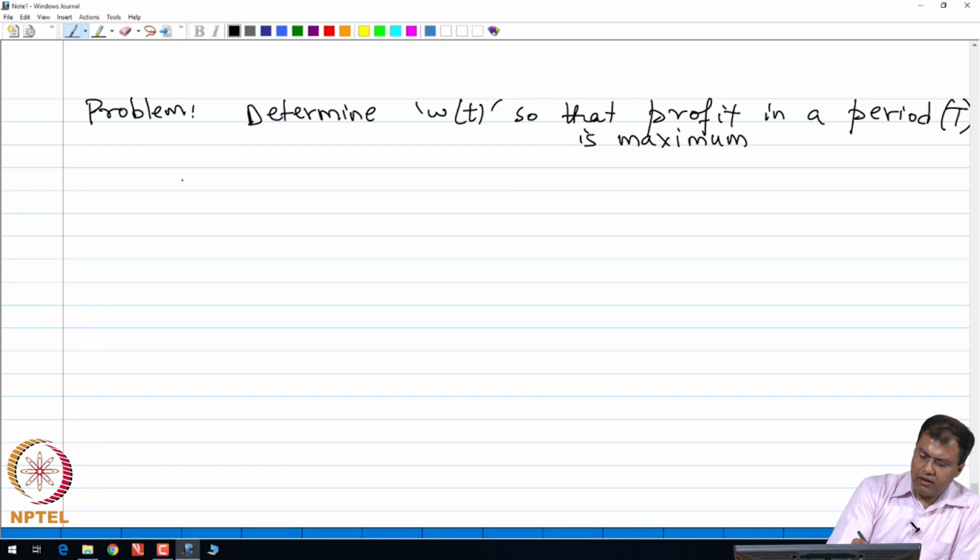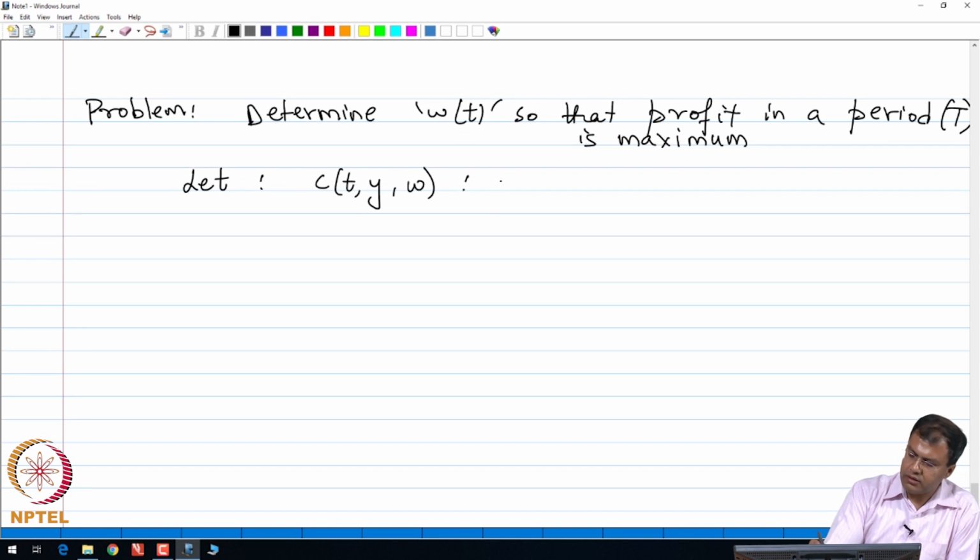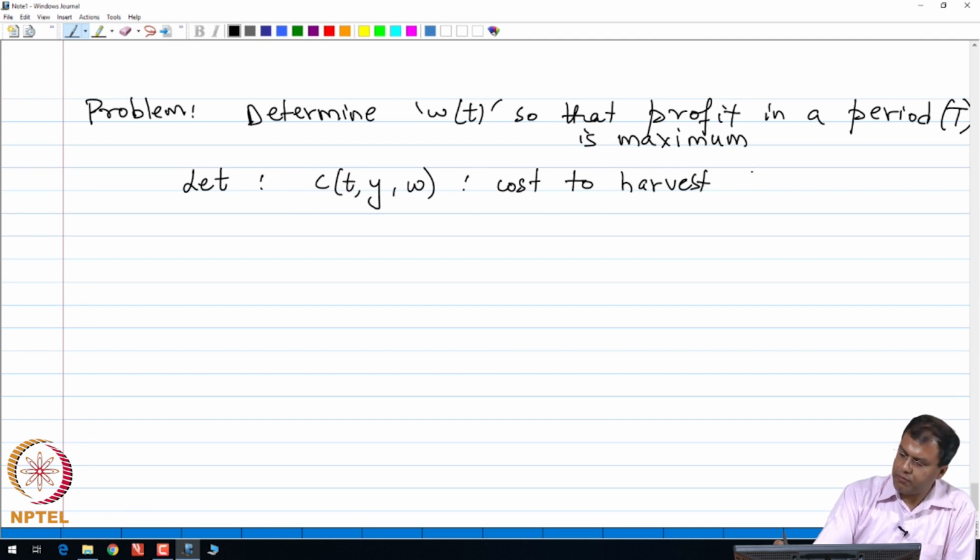So, then let us now quantify this problem. Let us say that C be the cost to harvest per unit biomass of the fish, right.